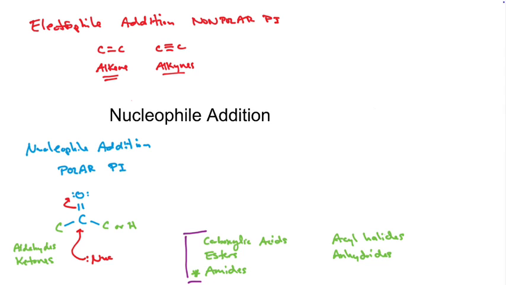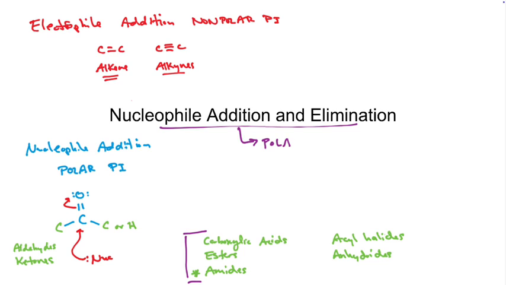If we look at what happens with the new reaction, the nucleophile addition and an elimination, well, that chemistry is still involving a polar pi bond. So if it's still a polar pi bond, there must be something different about the reagent in the nucleophile addition elimination than there is from the nucleophile addition.